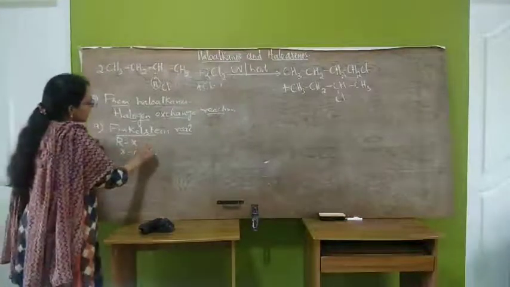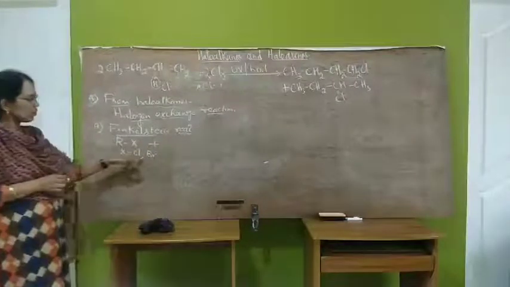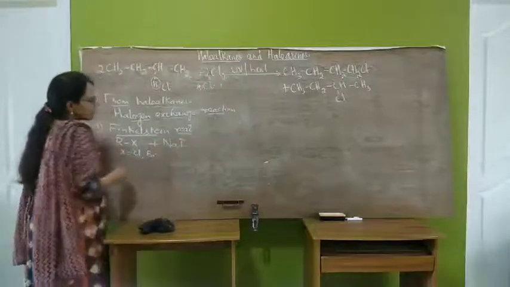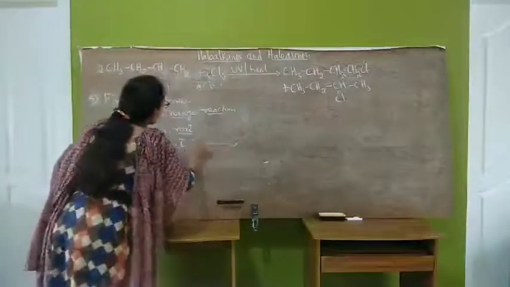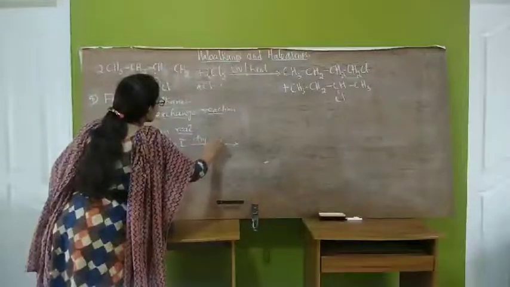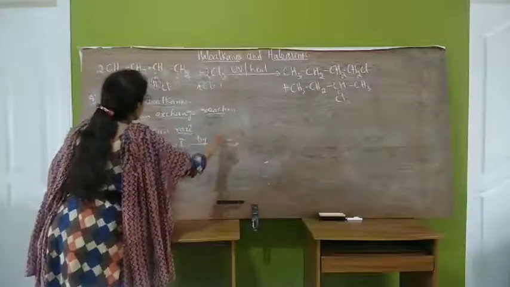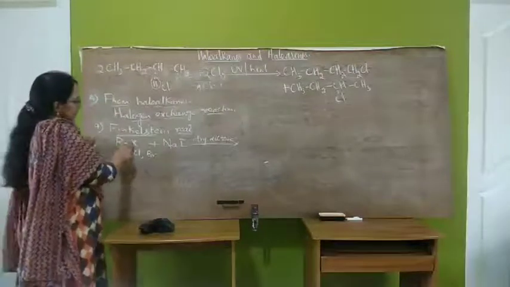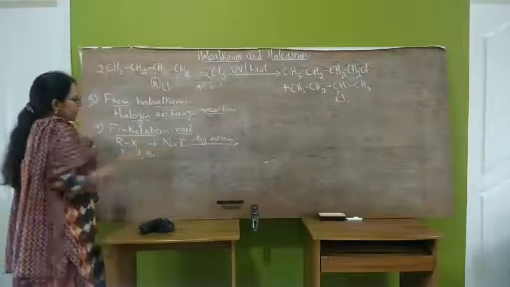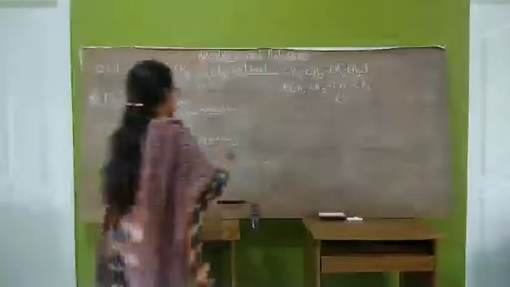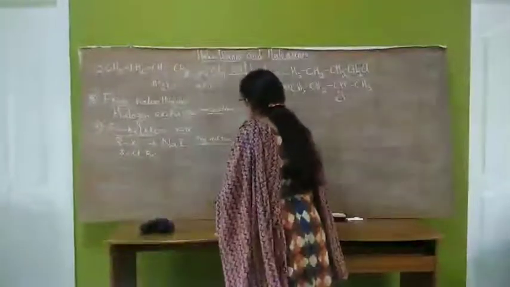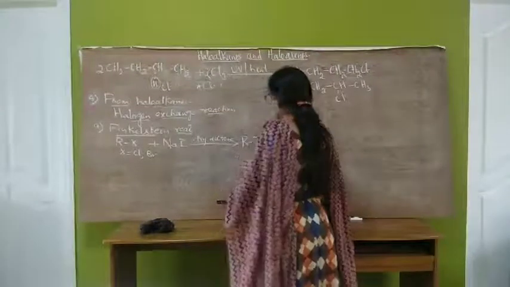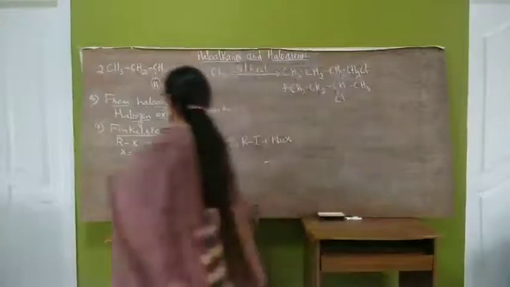So, alkyl chlorides or alkyl bromides react with sodium iodide in the presence of dry acetone. Here, halogen exchange takes place. That is, X will be replaced by iodine. Chlorine or bromine will be replaced by iodine. So, the alkyl iodide is formed plus NaX. Let us write one example here.